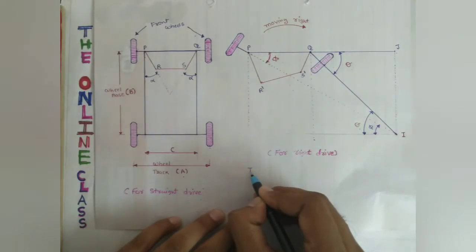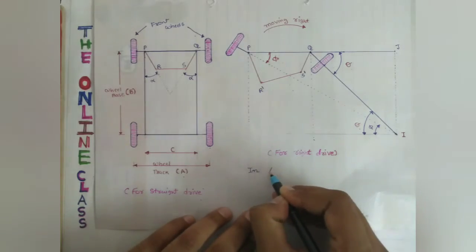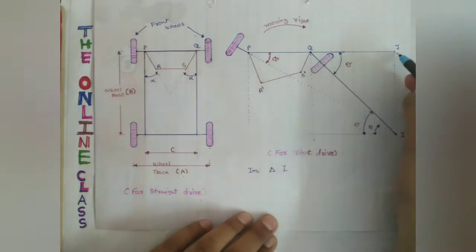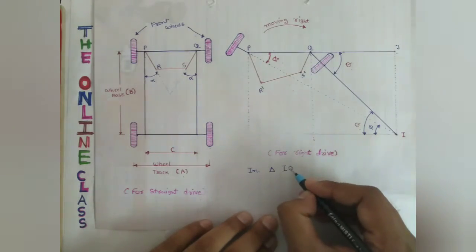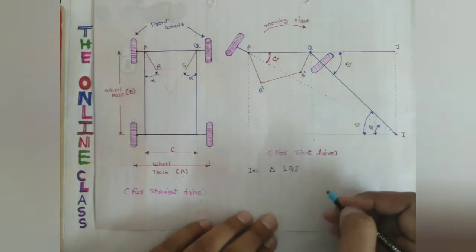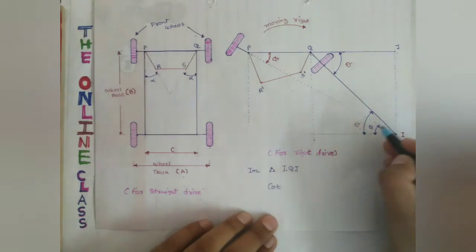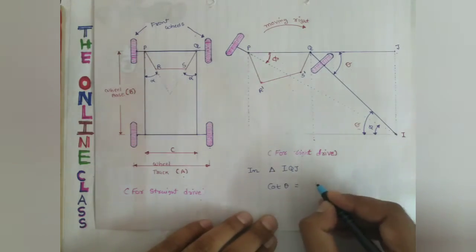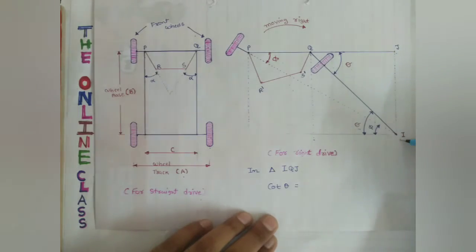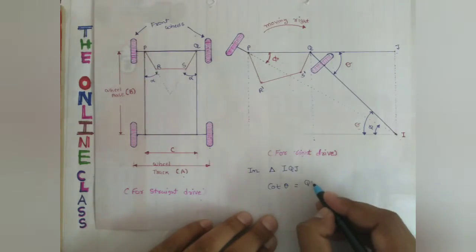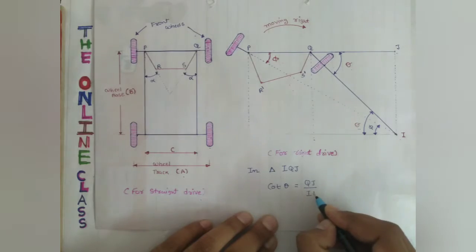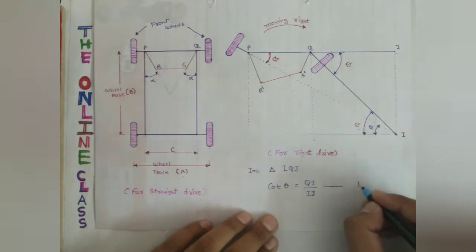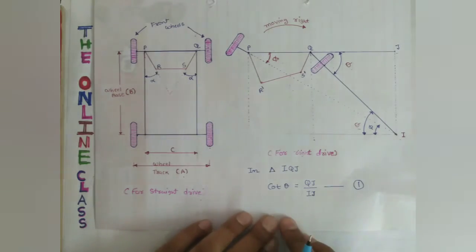In triangle IQJ, here we have to find theta and phi. So cot theta is equal to QJ divided by IJ. This is our equation number 1.